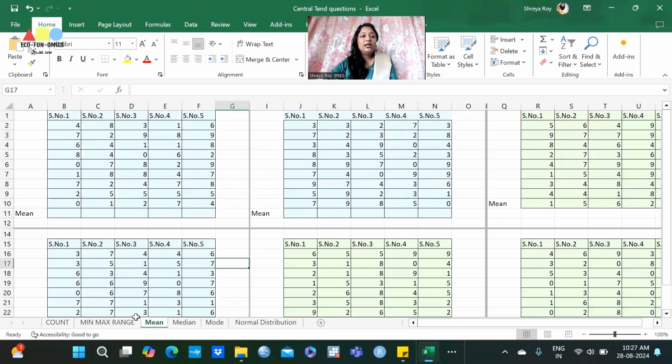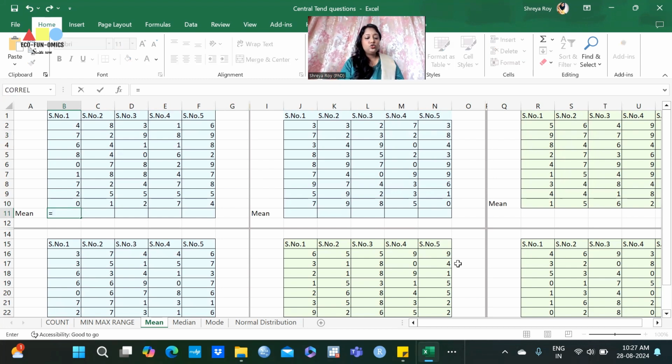Okay, now let's come to mean. Mean, as I said, also stands for average, and hence we use the command average. Is equal to AVERAGE, open bracket, select the cells, close bracket, enter.